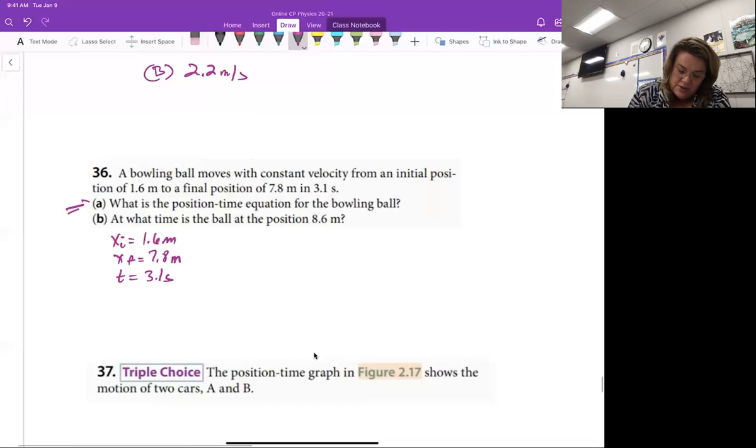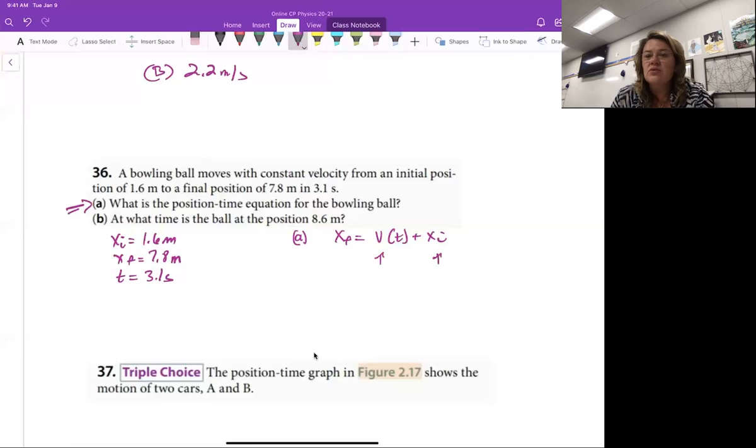Now, the first thing they want me to do is write a position versus time equation for the ball. What is that format? The final position is equal to the velocity times the time plus the initial position. I have to know the initial position and the velocity in order to complete this problem. They tell me the initial position, but I don't know the velocity.